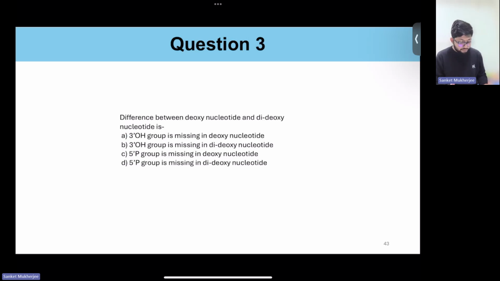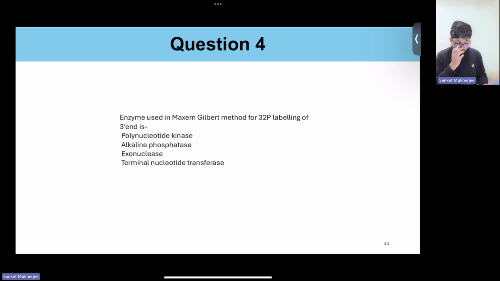Difference between deoxynucleotide and dideoxynucleotide is essentially the 3' hydroxyl group is missing. Enzyme used in Maxam-Gilbert sequencing for 32P labeling is polynucleotide kinase.